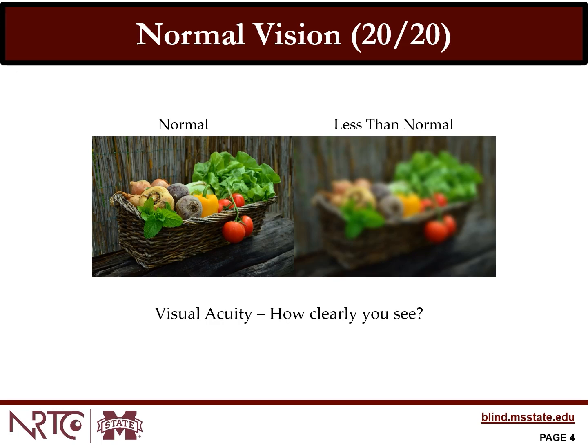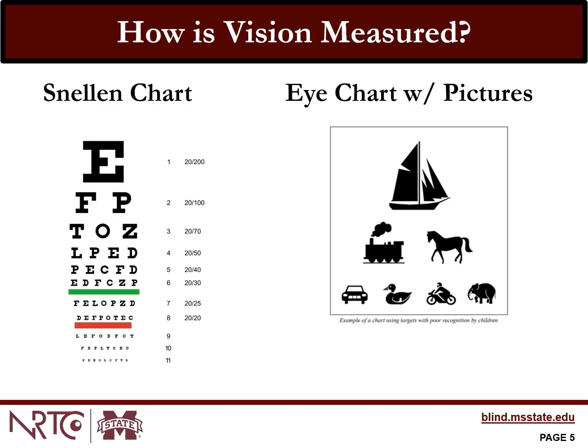What does this mean for a person with less than normal vision? Let's say, for example, a person has a visual acuity of 20/30. Saying 20/30 means that this person sees with the same clarity at 20 feet what the typical person sees at 30 feet, indicating lower visual acuity or less clear vision.